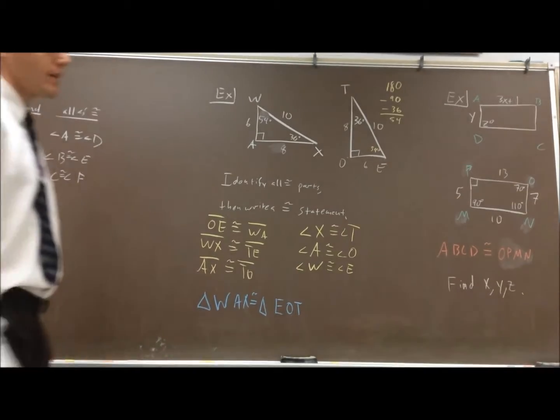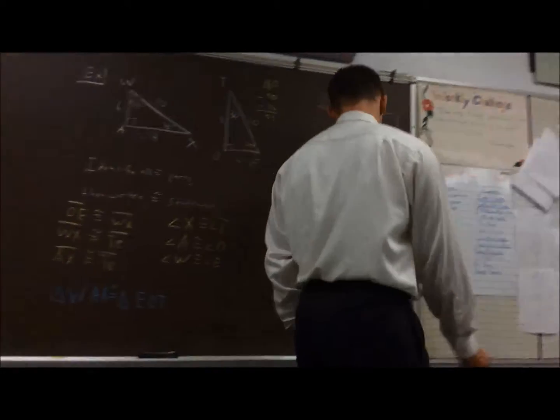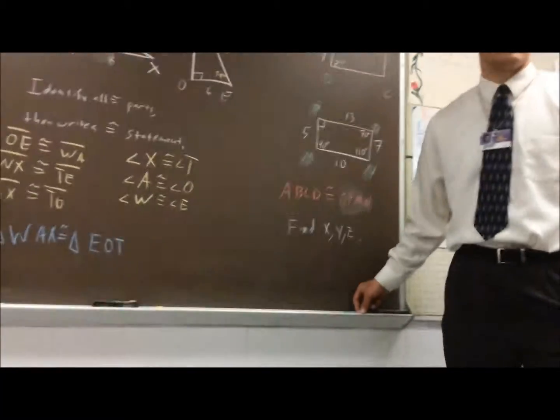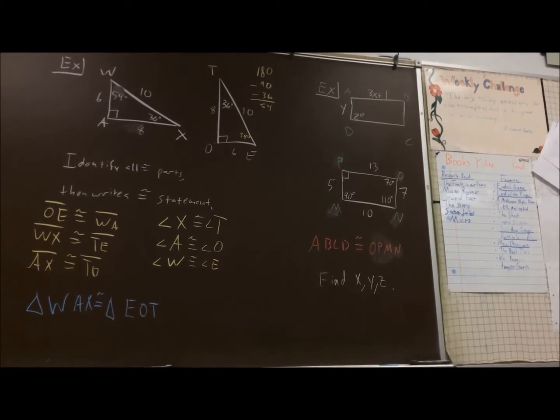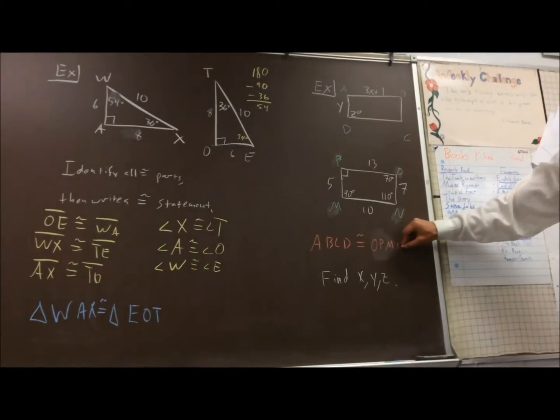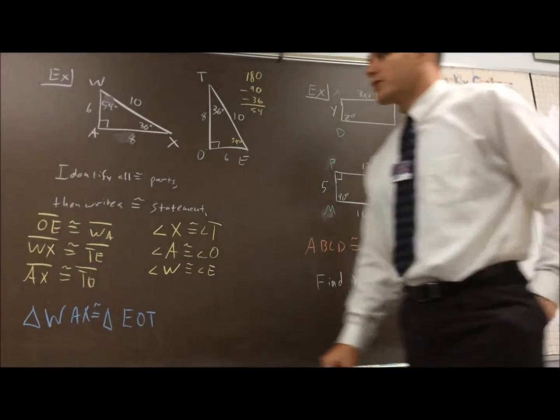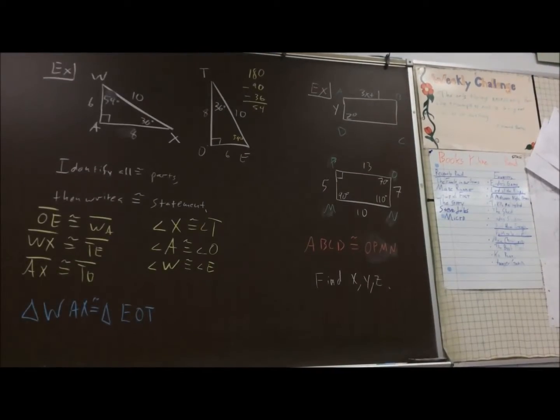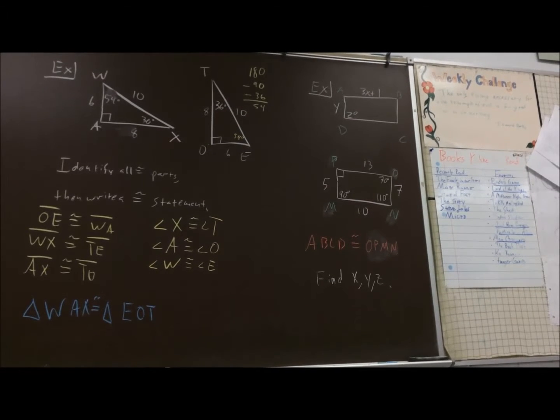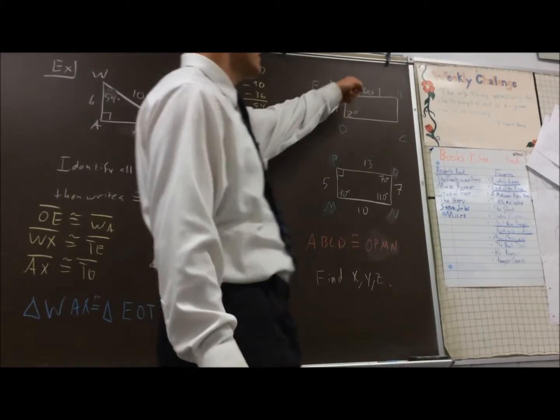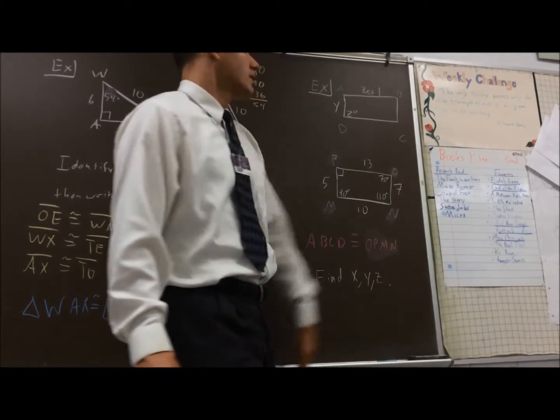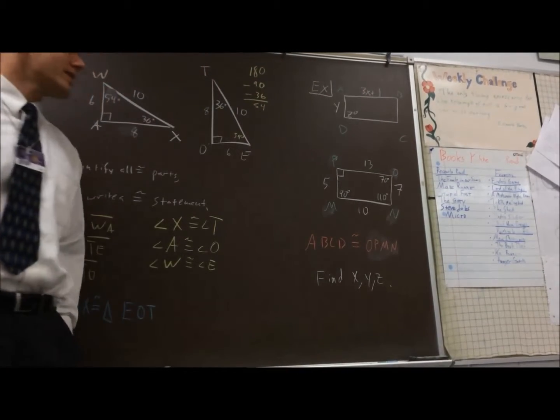The other thing we can do here is, we're not just going to do triangles. Well, the chapter's going to be about triangles, but today we'll deal with other polygons as well. If two shapes are congruent, that means all the sides are congruent and all the angles are congruent. So we've got to find x right here. We've got to find y and we've got to find z.